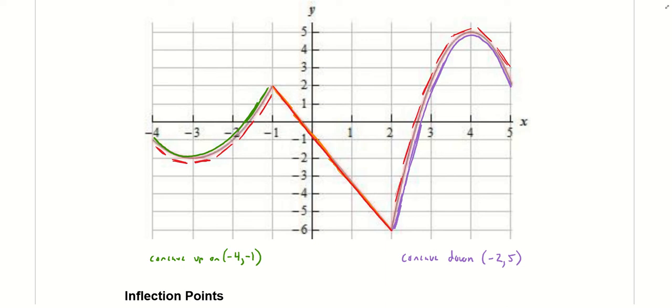So when you've got a straight piece of a function like this, where the tangent line sits exactly on the function, it just means that the function is neither concave up nor concave down there. So I'll say here, neither concave up nor concave down on the interval from -1 to 2.